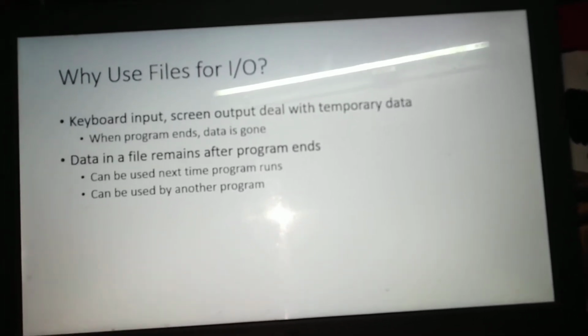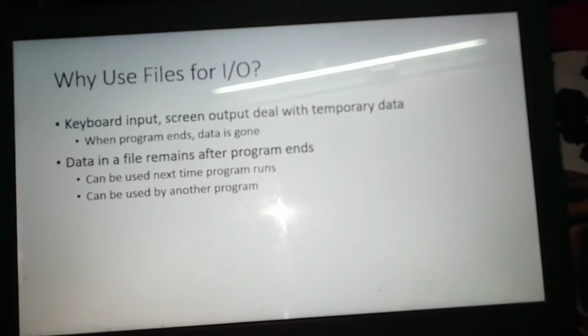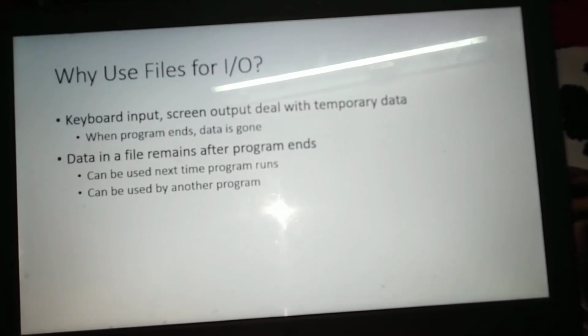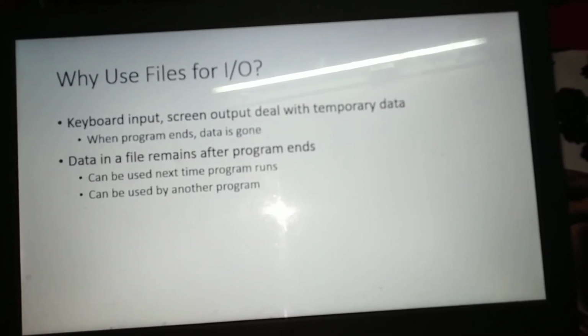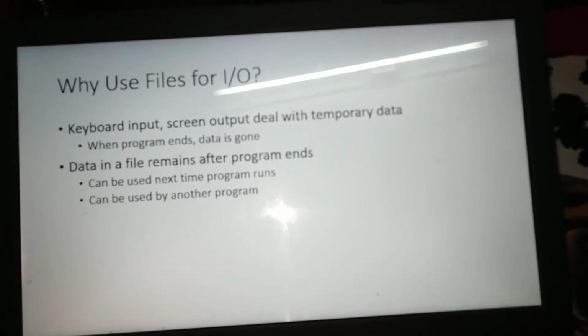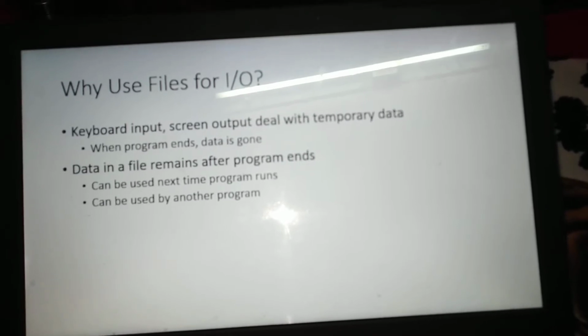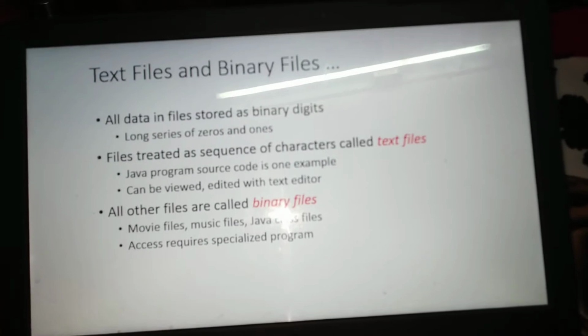When the program comes to an end, the data will disappear. So in order to make the data permanent, the concept of a file is used. Even when a program ends, the data will remain in the file, and it can be used the next time the program runs, and it can also be used by another programmer.